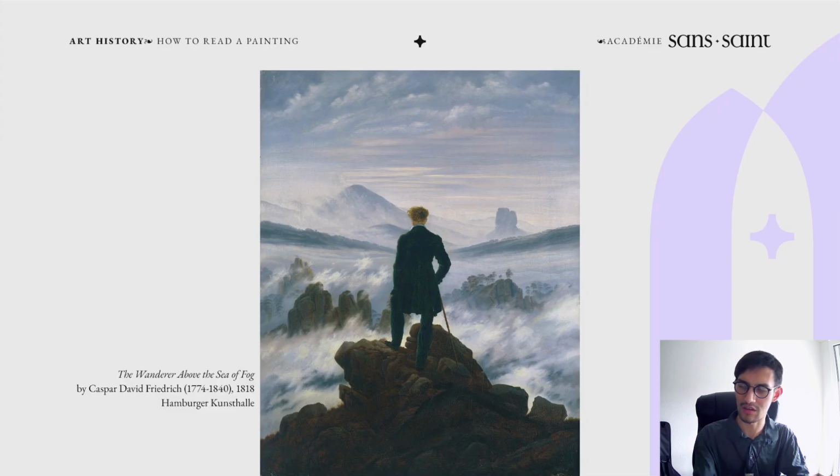So he's really a pioneer of landscape painting. And this landscape in particular is a little bit special because it combines the two tendencies that we see in Caspar David Friedrich's landscapes, which is, for one, the more realistic tendency. So this is a really realistic depiction, and also the more fantastical tendency.